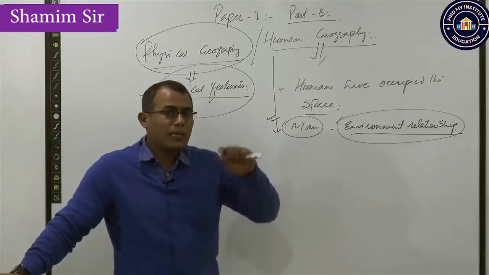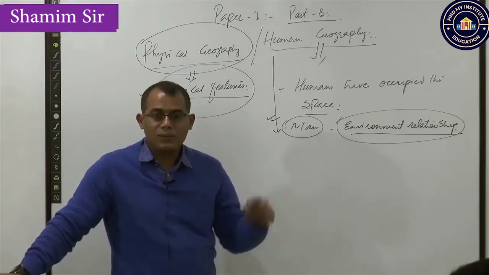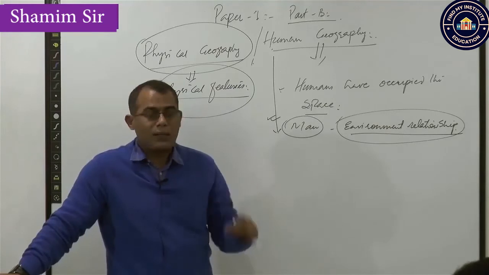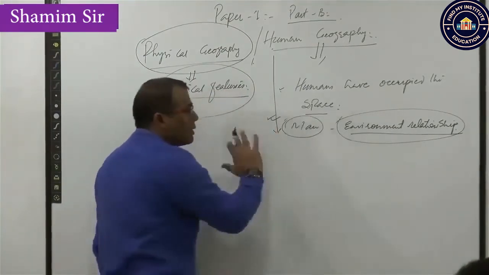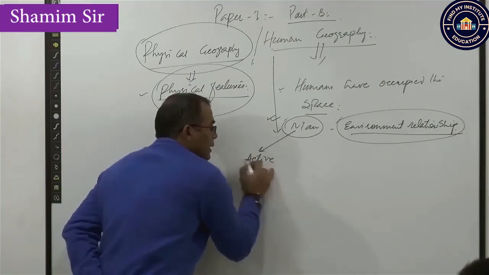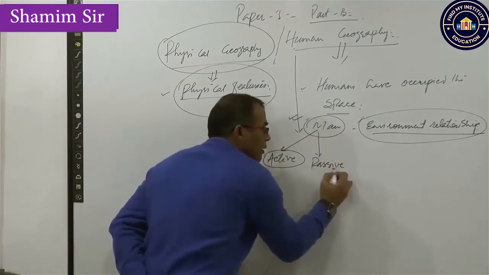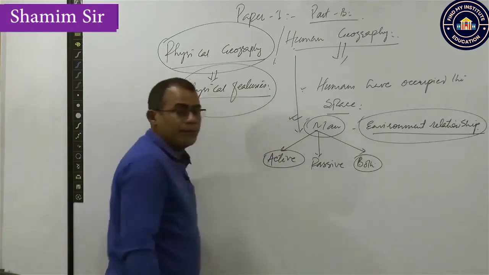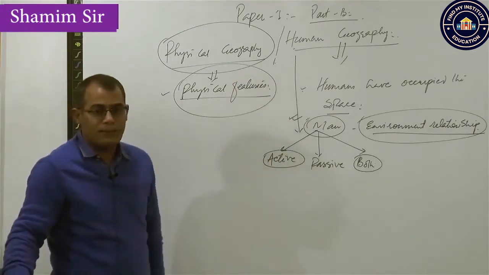If we are talking about industrial activities, that becomes a part of economics, whether it is the global economy or microeconomic patterns. What is the role of the geographer? In the man-environment relationship, is man an active agent, a passive or neutral agent, or a combination of both? That has been debated.